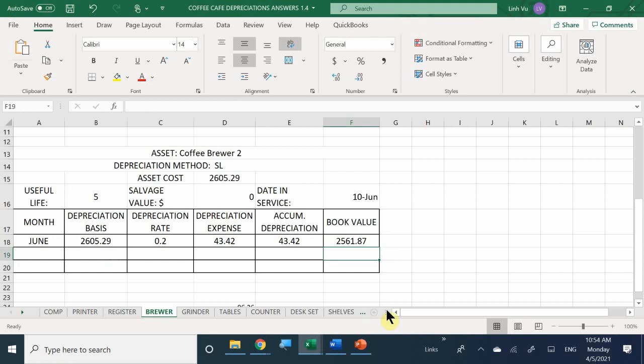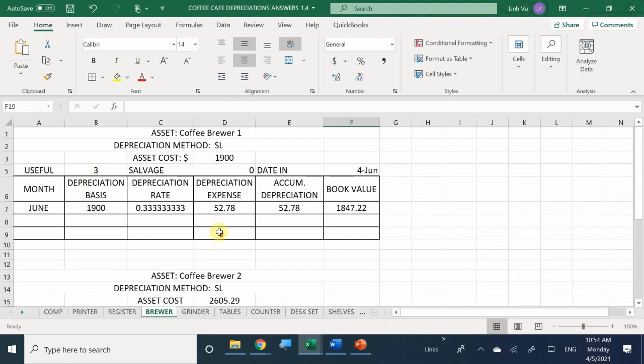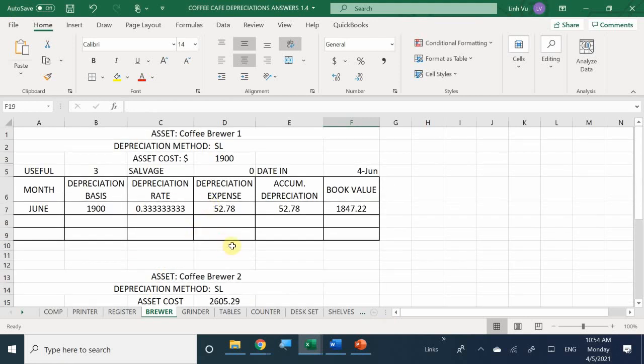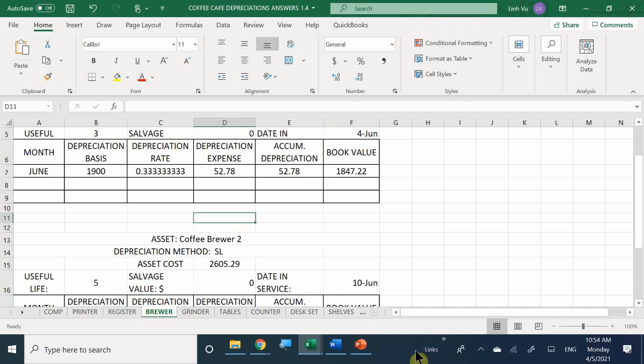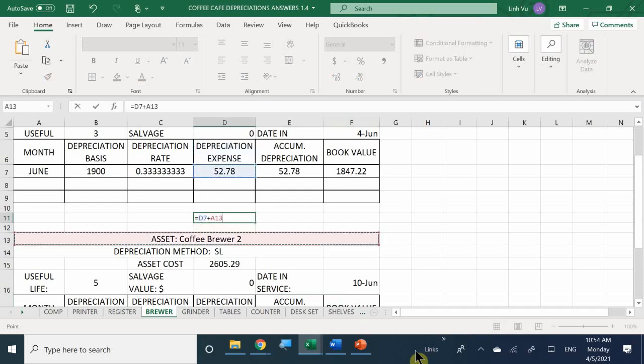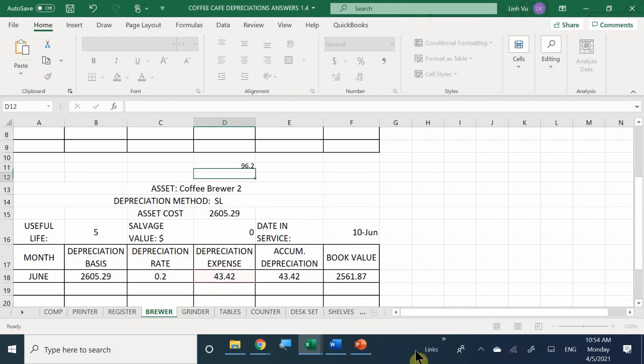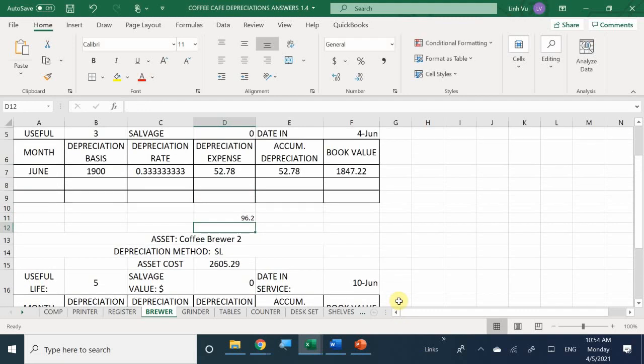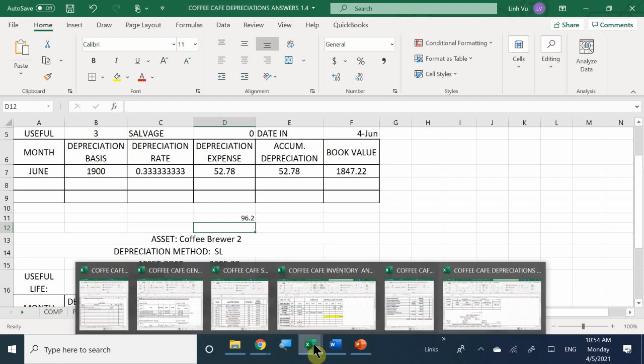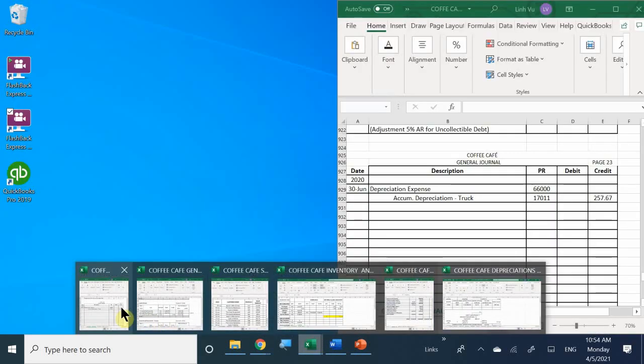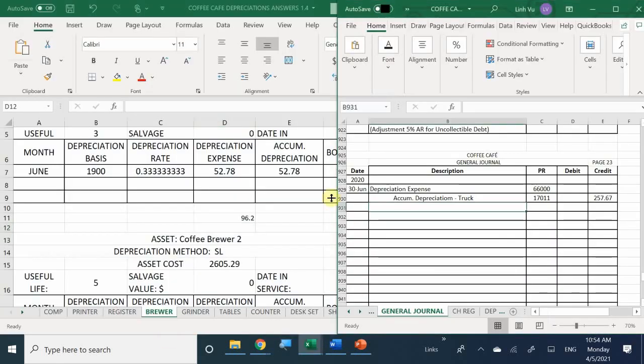So I have 43.42 plus my 52.78. I'm going to place it here and add this together. I should get a grand total of 96.20 for the depreciation of my coffee brewers. Okay, so back to my journal here.